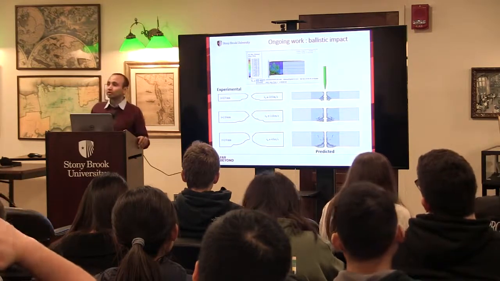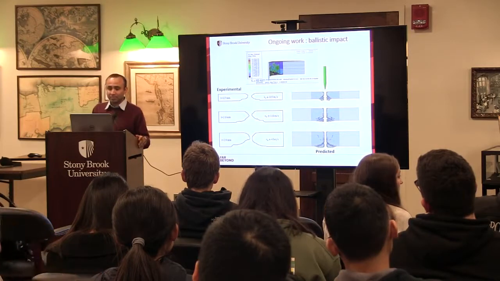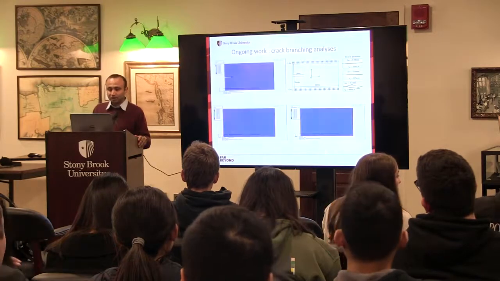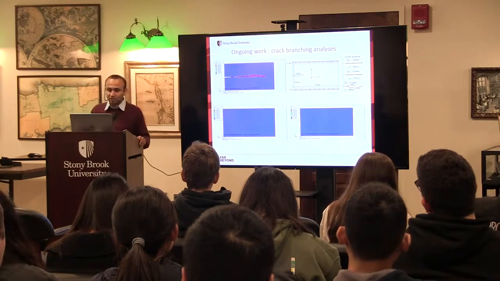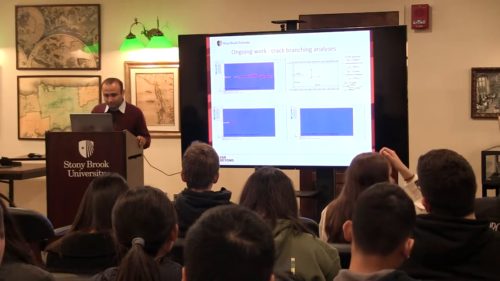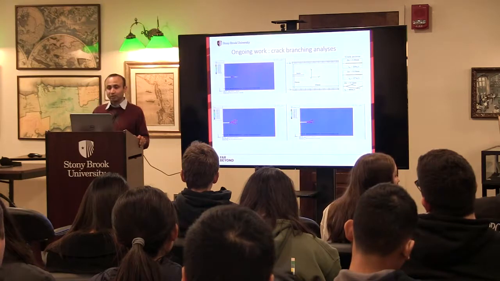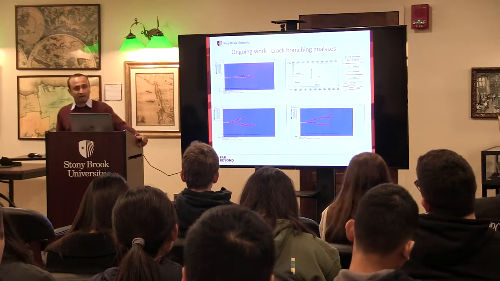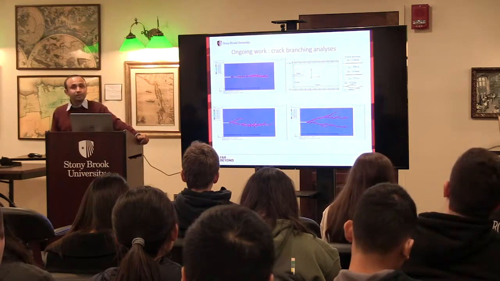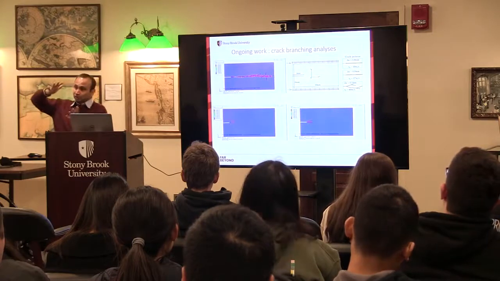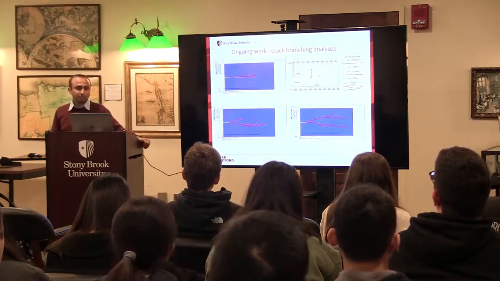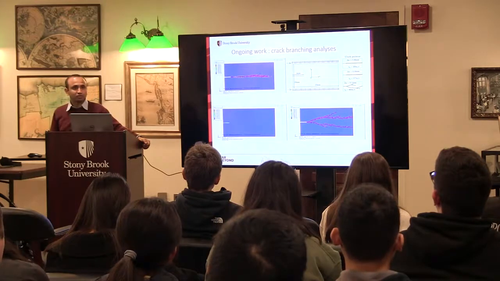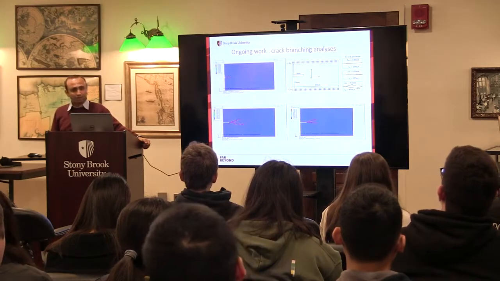So this is ongoing work that we're doing right now with ballistic impact, and we're also trying to analyze more carefully the branching of cracks. So this is some recent analysis that we have been doing to predict branching of cracks. You see, as loading rate increases, you see more branches being formed. That is what the model is also trying to show.